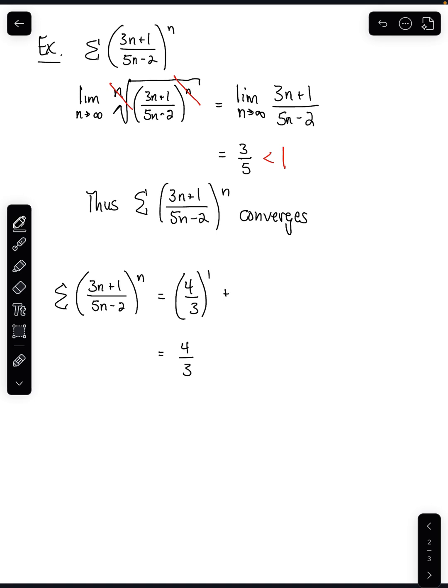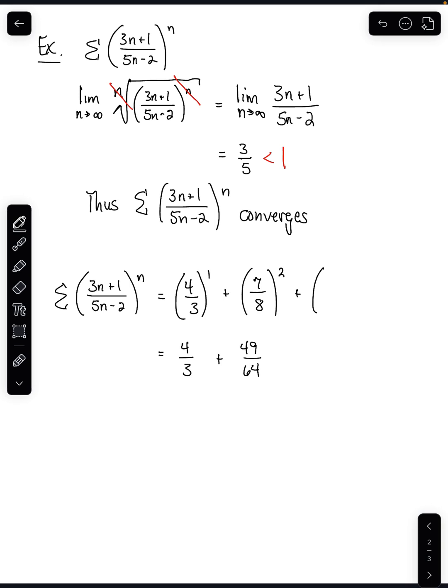For the second term, we would have 3 times 2 is 6, plus 1 is 7 in the numerator, over 5 times 2 is 10, minus 2 is 8 in the denominator, and then that would be squared, giving us 49 over 64. Now, this is definitely a smaller term than what we see before, because 4/3 is bigger than 1, and 49 over 64 is smaller than 1.